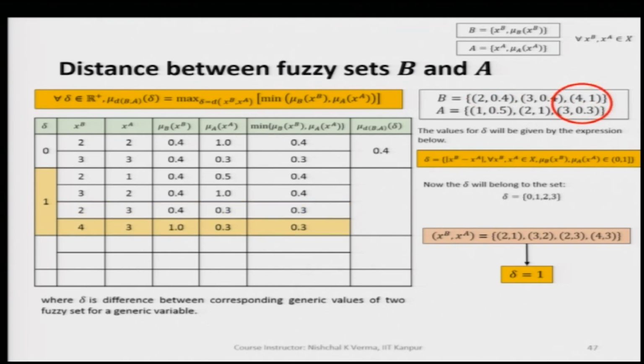At this stage we know how we are getting these corresponding membership values. We take the min of the corresponding membership values of A and B, and then when we take the max of these values, we get 0.4.